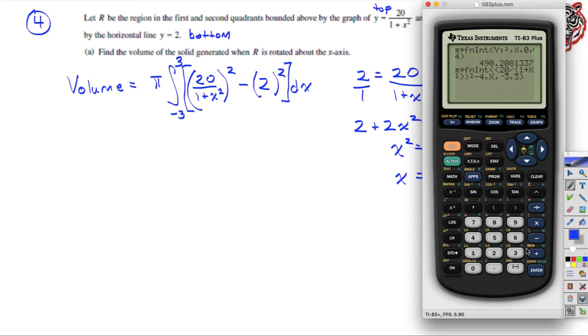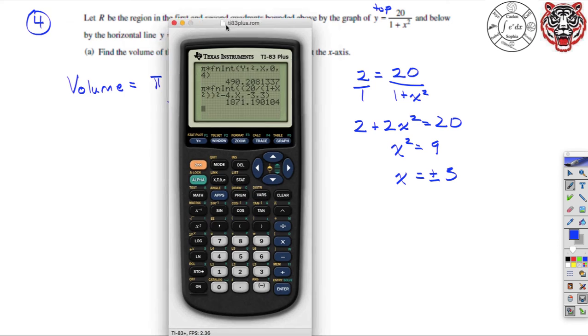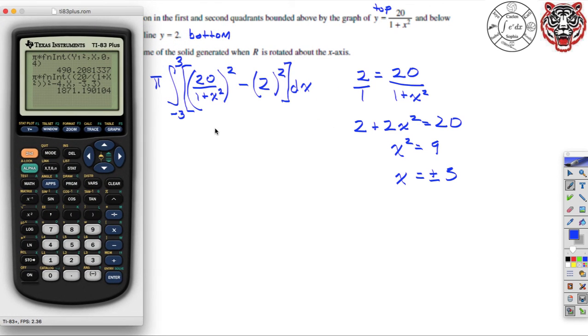Oh boy, it's taking its time. And I get this number, 1,871, so this is approximately equal to 1,871.190. Even if it's a 0 here, I prefer us to leave it there. It lets me know that you did indeed round to 3 decimal places, to the thousandths place. 10,000ths would have been another 0.